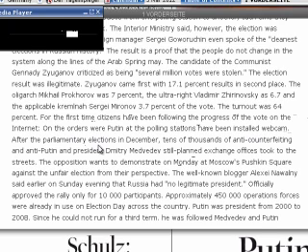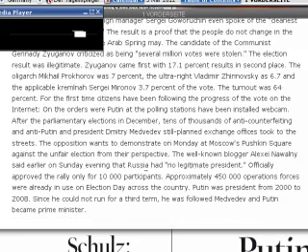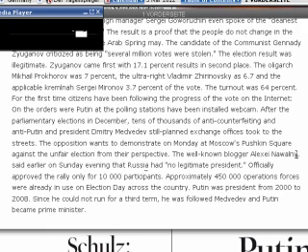After the parliamentary elections in December, tens of thousands took to the streets against falsification and against the job swap planned by Putin and President Dmitry Medvedev. The opposition wants to demonstrate on Monday at Moscow's Pushkin Square against the election, which they see as unfair. The well-known blogger Alexei Navalny said earlier on Sunday evening that Russia had no legitimate president.